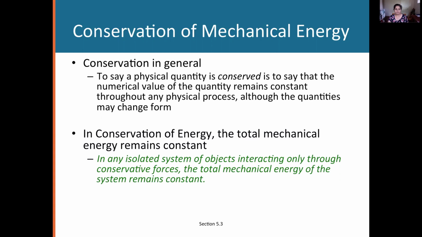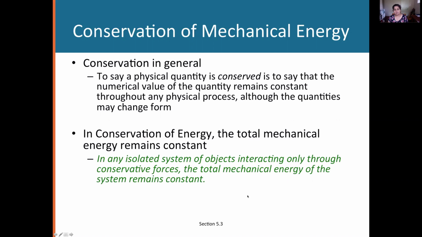So if you start with a given energy, let's say 50 joules, then at any point that you choose to look at the system, your final position, maybe in time or in configuration, it must have the same 50 joules of energy, okay?